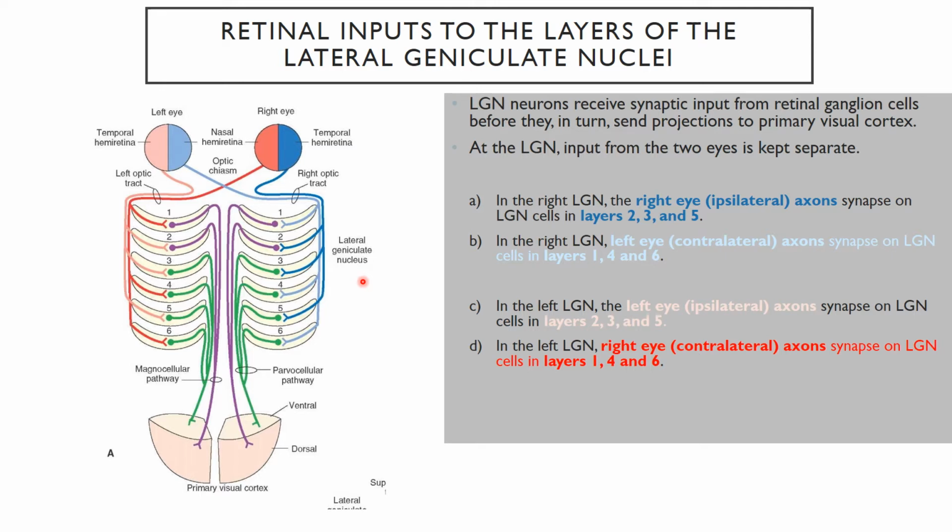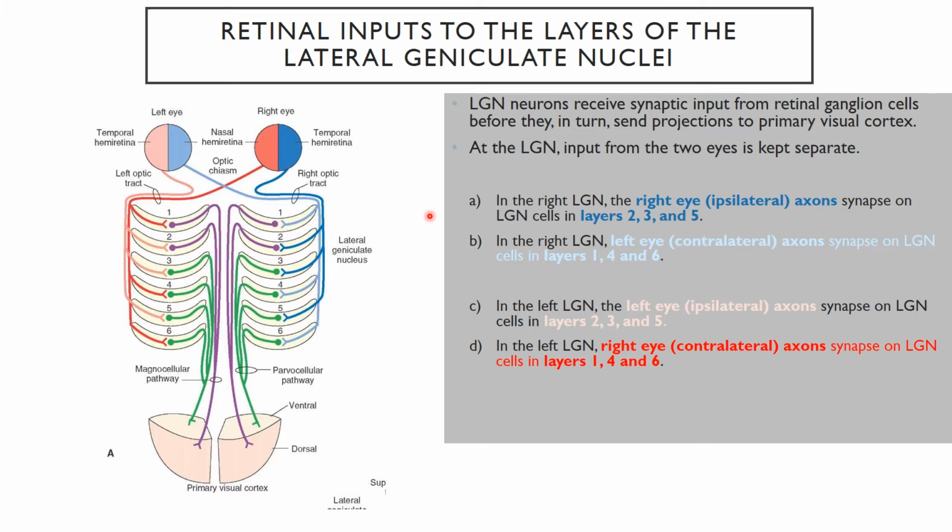There may be questions about some of these details, especially since the test will be open book. So we're going to walk through this a little bit in some detail so that you can have an appreciation for the complexity of how the visual system works and how different light information getting to the eyes is kept separate.